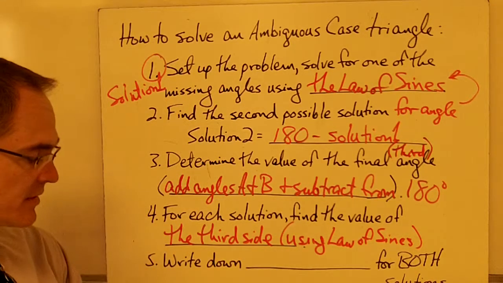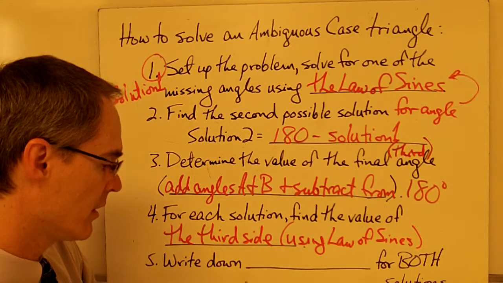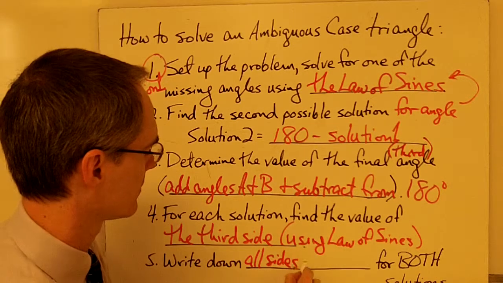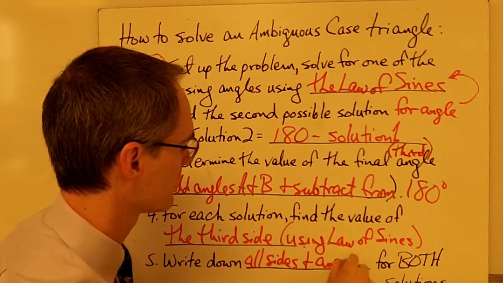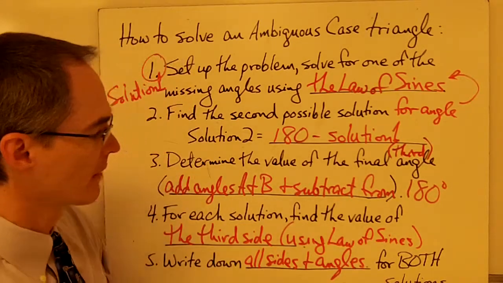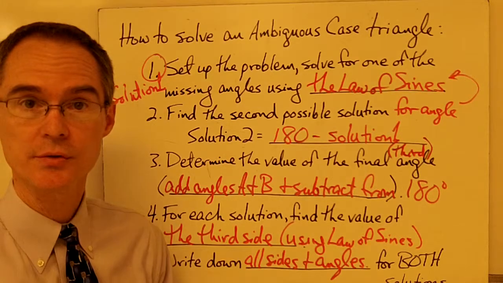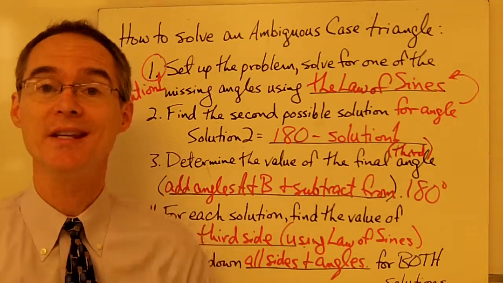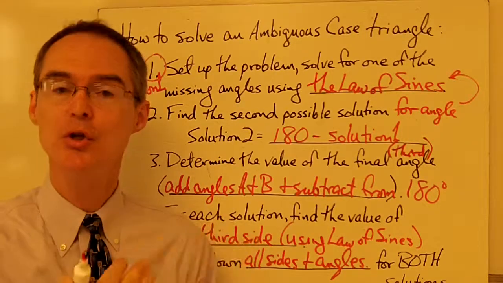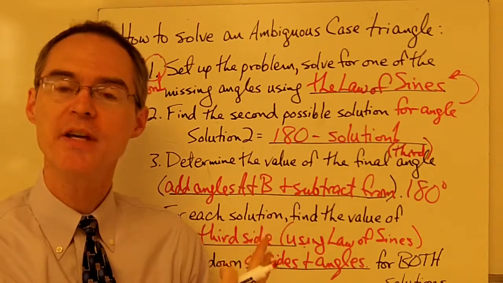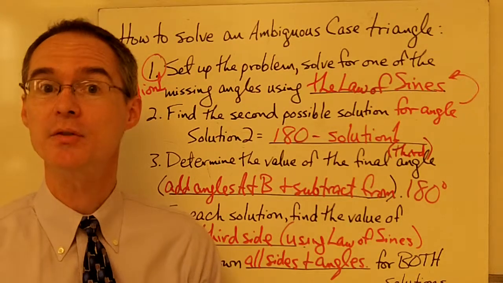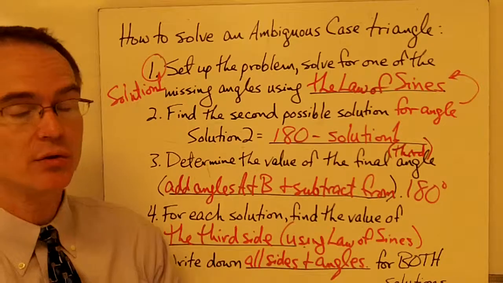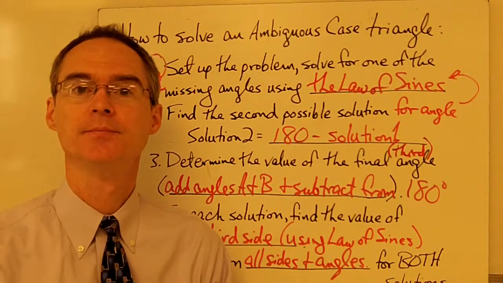And then finally, step number 5, you write down the value of all sides and angles for both of your solutions. If you do these 5 steps, what you'll come up with is 2 solutions, that is 2 different triangles that both fit your original given information. Now we're going to take a look at an example of that, and we'll see what it's like to go through these 5 steps.